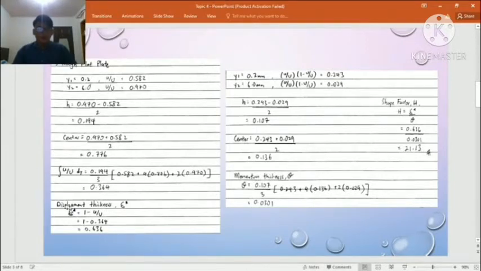And then we can find the displacement thickness, and the value is 0.636. Next, with the same steps as the smooth flat plate, we find the momentum thickness, and then we find the shape factor H, using the formula displacement thickness over momentum thickness. We get 21.13.